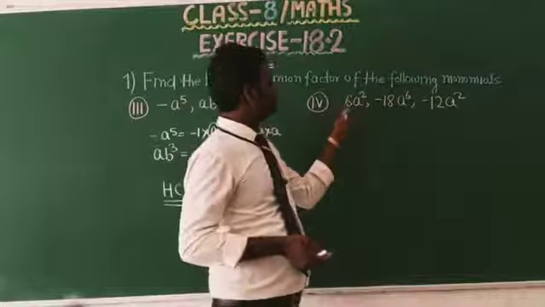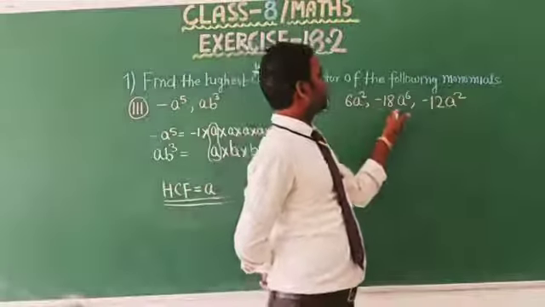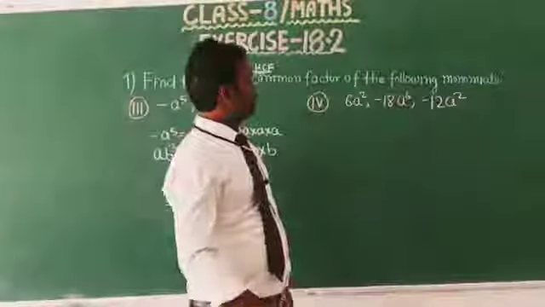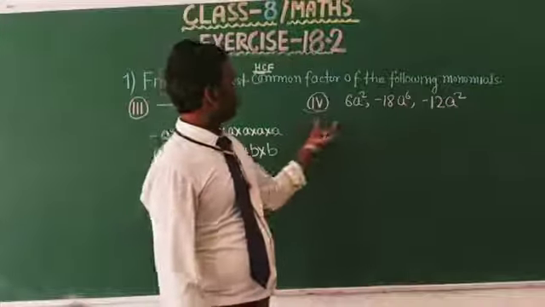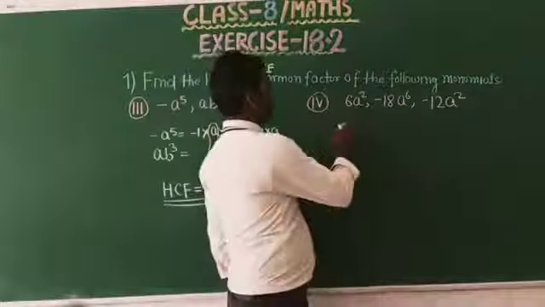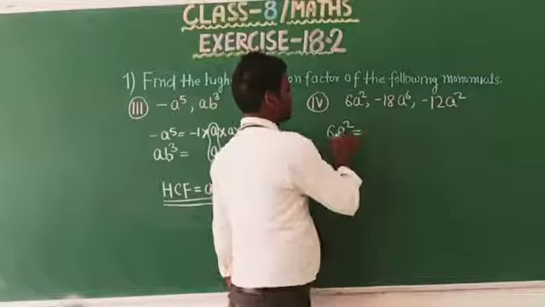This is 6a square, minus 18 a to the power 6, minus 12 a square, and also find the common factor of these three expressions. So expression 6a square.